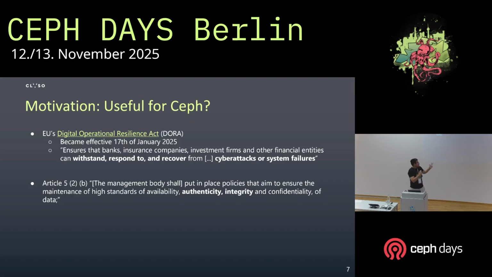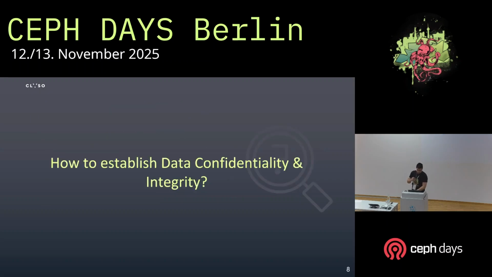So again, the two points: it's not enough to establish the confidentiality of your data, you also want to check, is there a way I can establish the authenticity and cryptographic integrity of my data if I'm working in these kinds of environments, banks, insurances, and whatnot. So hopefully you're with me now and understand why I looked into this, at least for these high security environments. So how can we actually achieve this?